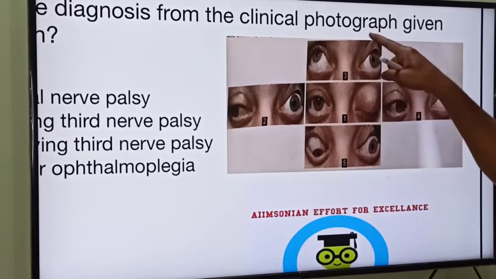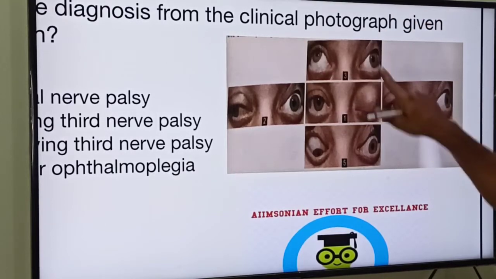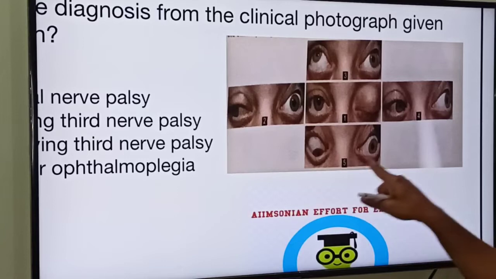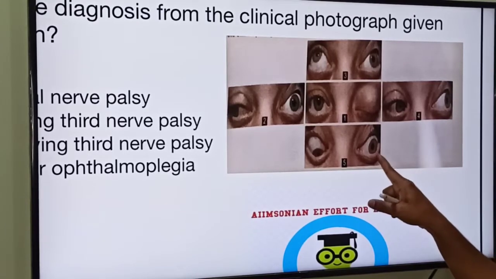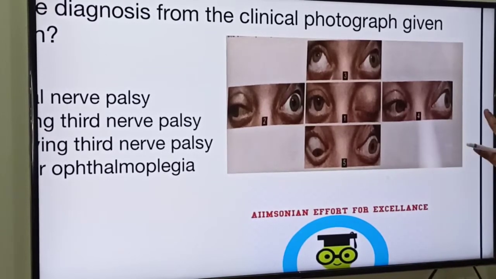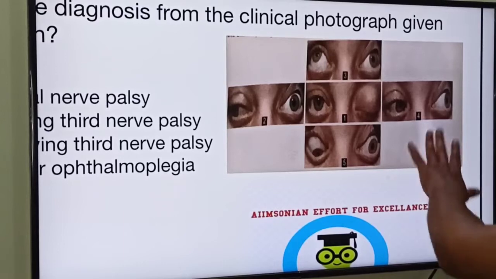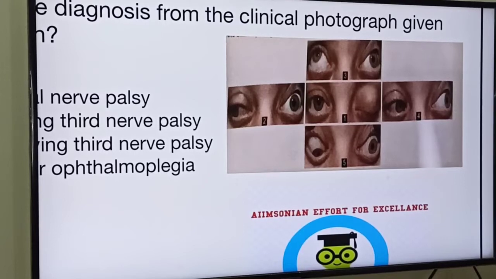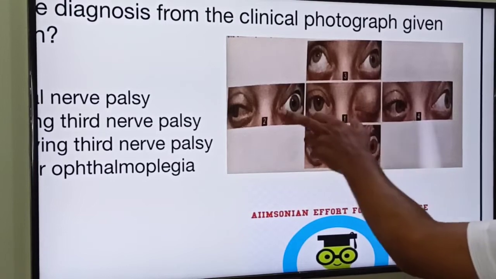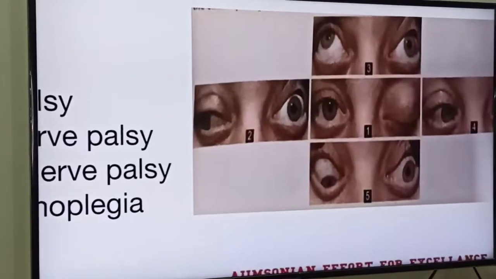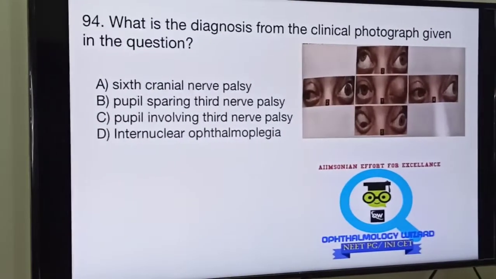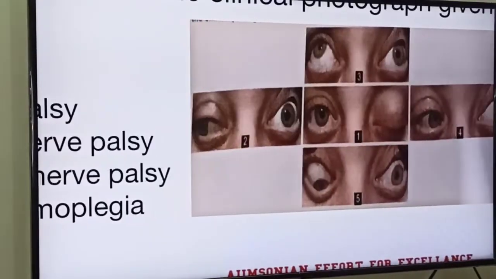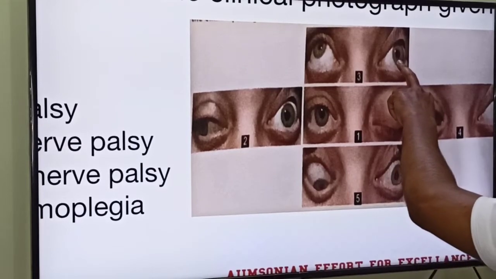Whenever the patient tries to look down, no movement is seen, meaning the patient cannot look downward. When the patient is asked to look this way, there is abduction, but when asked to look in this direction, there is no adduction. Ptosis, adduction deficiency, and if you see clearly, there is a dilated pupil here. You can appreciate.